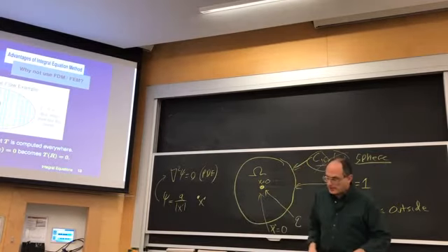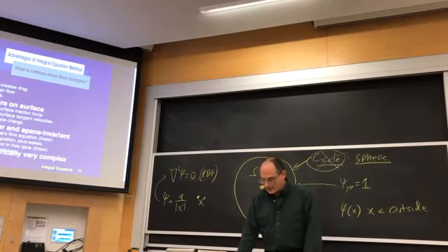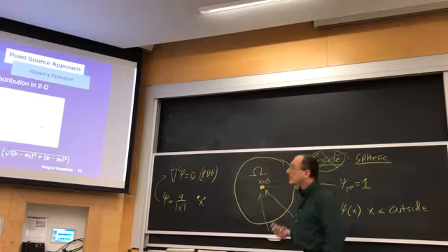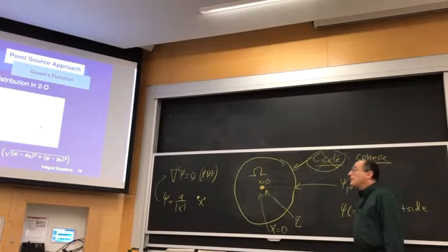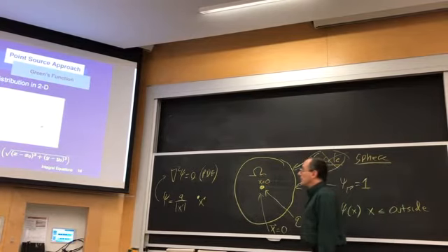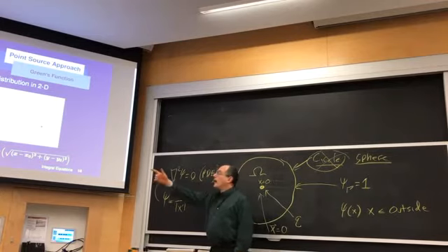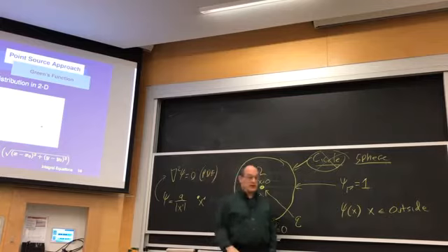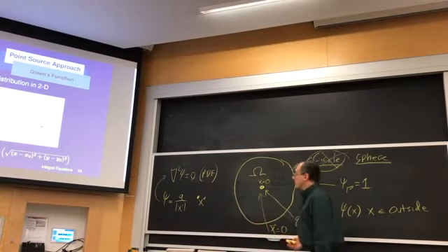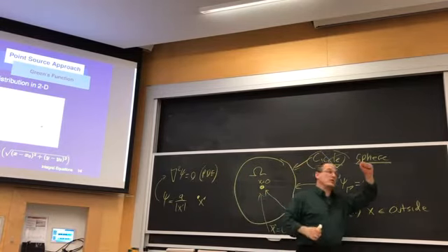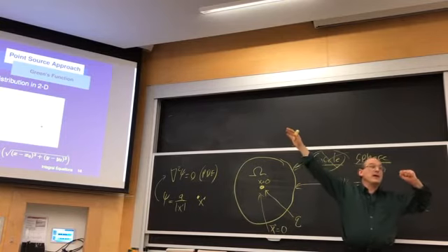Before we head on, let's look a few slides ahead, because we have some of the details on the slides. So we have this point charge. If this were 2D, there would be a log function instead of this thing. In 3D, it's 1 over distance.